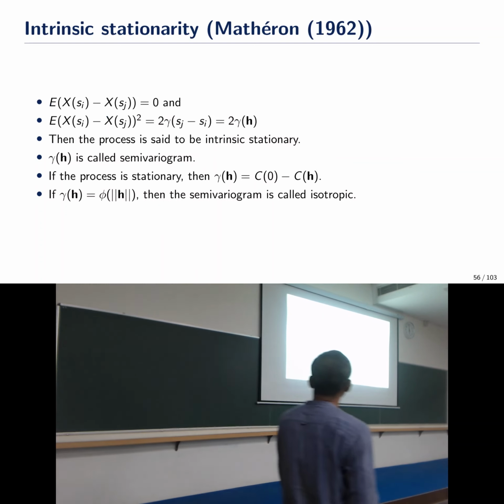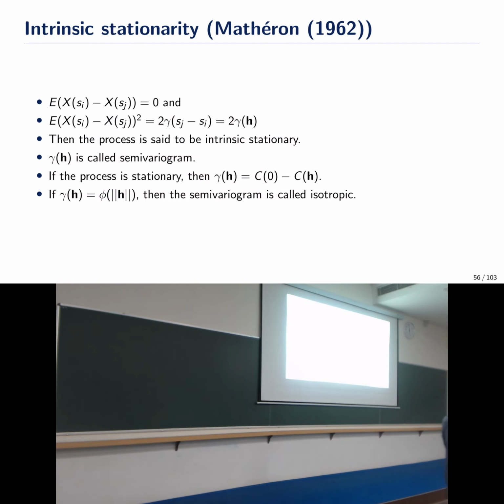Anyway, we go a little bit further. We relax the stationarity a bit further. I will say why we are relaxing this. I talked about this particular person, who introduced this notion. The constant mean is there, so the expectation of xi minus xj is 0.